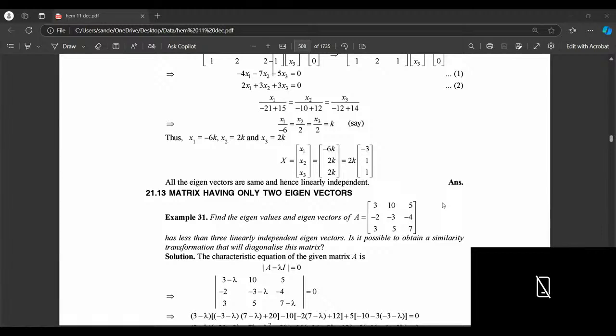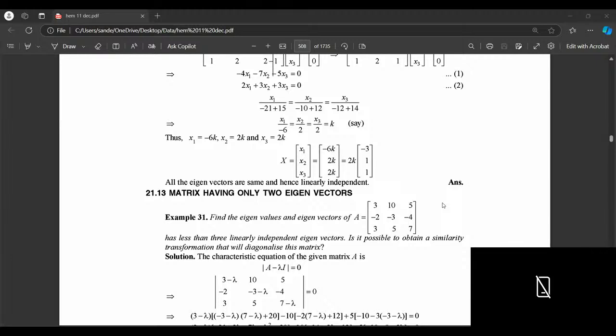One more way: you take the sum of eigenvalues and check it against the trace of the matrix. Trace of the matrix is nothing but the sum of elements in the principal diagonal. That is the trace. It means you can cross verify whether the eigenvalues are correct.